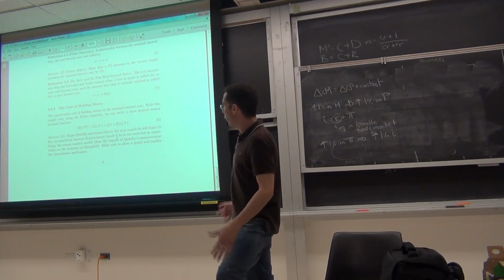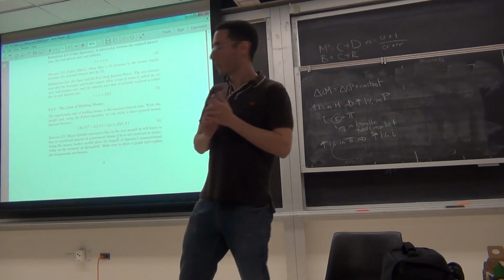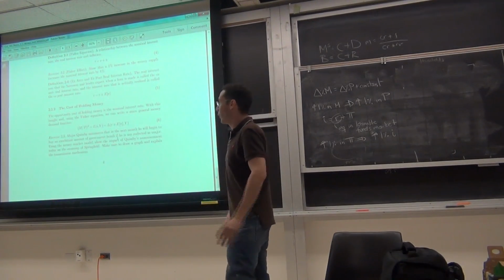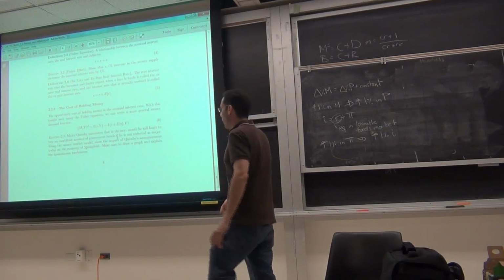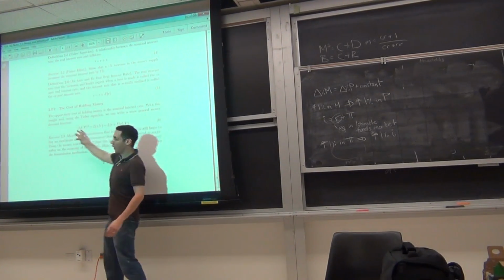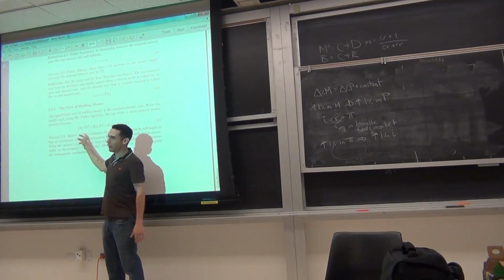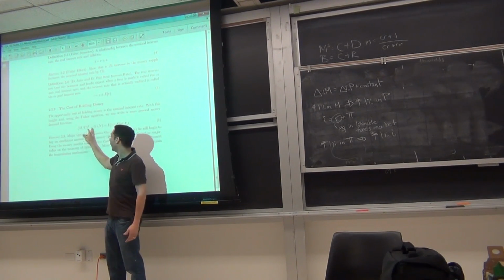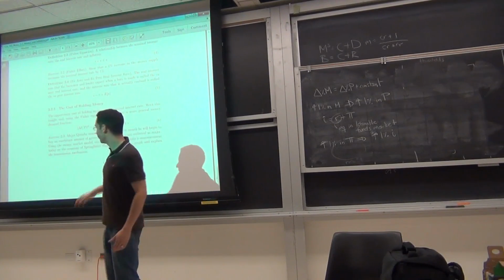The opportunity cost of holding money is the nominal interest rate, as we said. With this insight and using the Fisher equation, we can write a more general money demand function. I'm just going to call it L. Why L? Liquidity, so it's my preferences for liquidity.